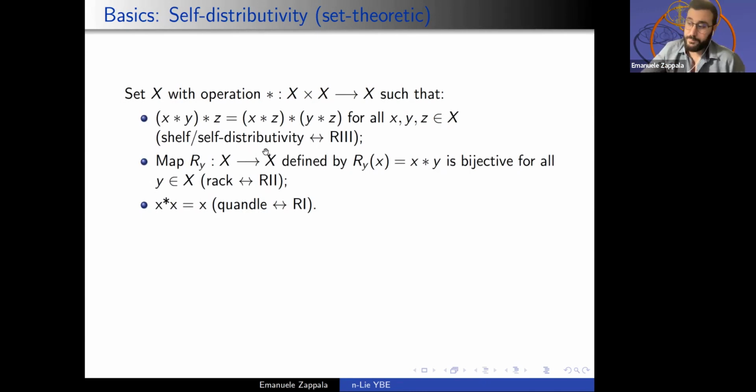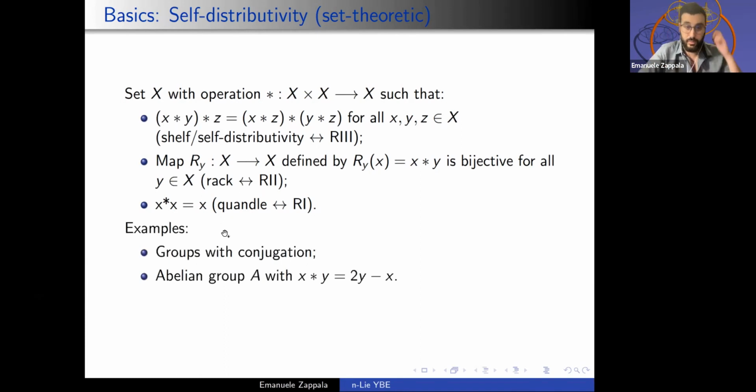I listed them in cascade like this from 3 to 1, because a shelf that also satisfies this is a rack, and a rack that also satisfies this is a quandle. So it's more natural algebraically to think of them like that.